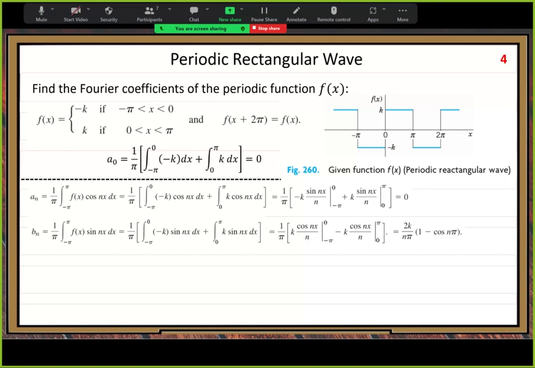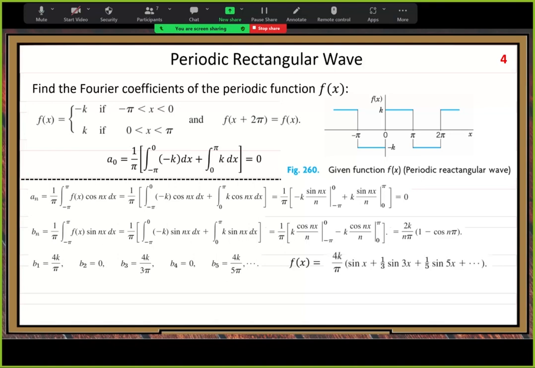So you can see minus 2. Then you can see the b coefficients: b_1 is non-zero because the subscript is an odd number. b_2 has an even subscript, so it becomes 1 minus 1, 0.